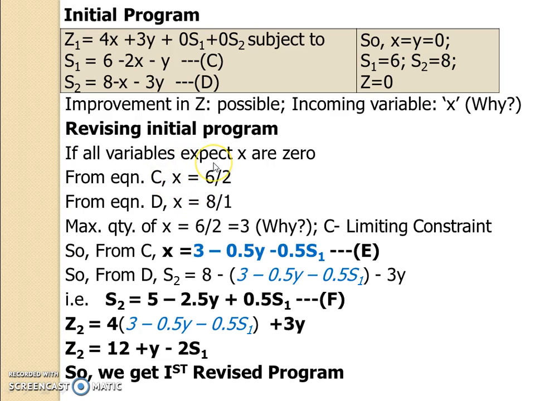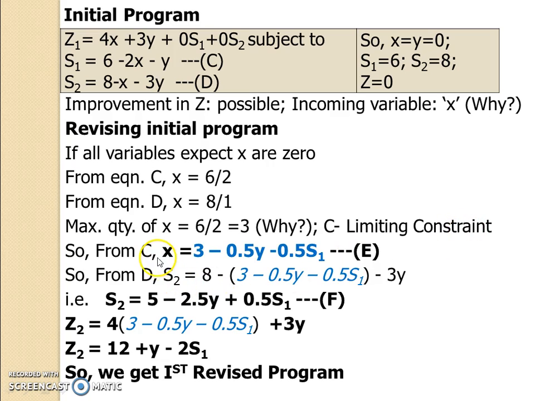If all variables except x are set to 0, from C we will get x is equal to 6 by 2, whereas from D we will get x is equal to 8 by 1. The maximum quantity of x will be equal to 3, because if you consider it as equal to 8, it will not be feasible, because constraint C doesn't allow a quantity of x more than 3. Therefore, constraint C is called the limiting constraint.